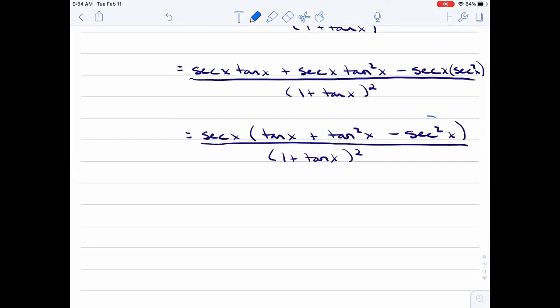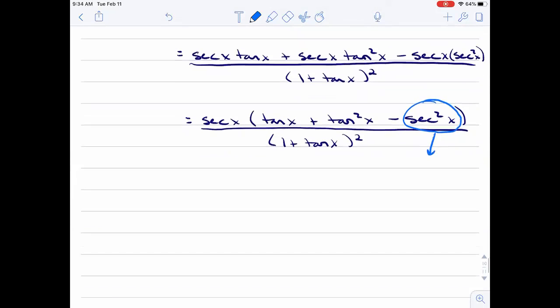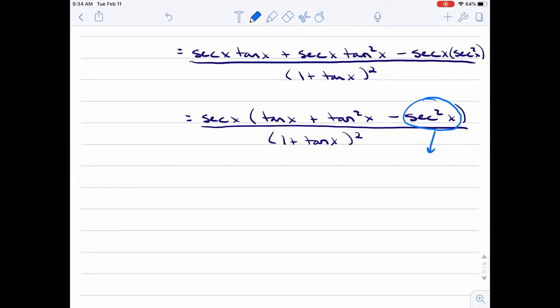One identity that we're going to use here. No, say it isn't so. I know. But secant squared x is one of those ones that we'll probably see a bit, so you'll start to recognize it and memorize it. You can rewrite that as tan squared x plus 1. Or you can replace secant squared x with tan squared x plus 1.